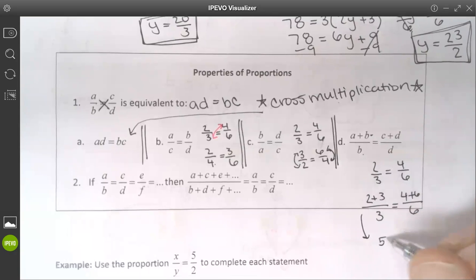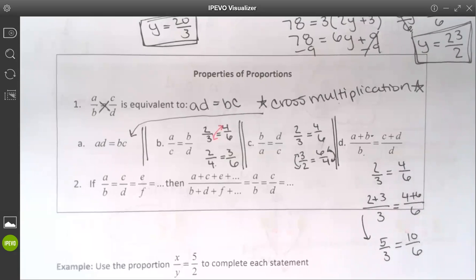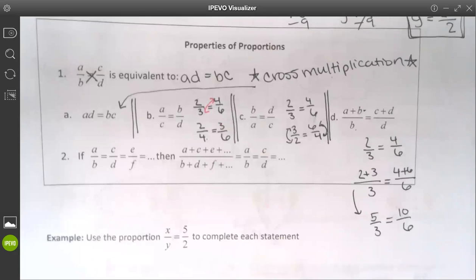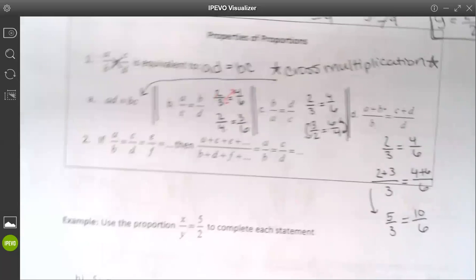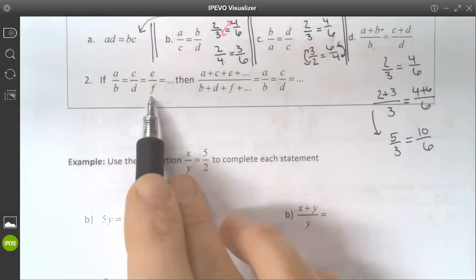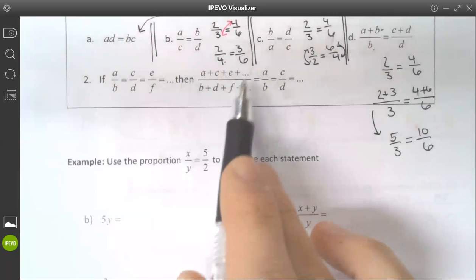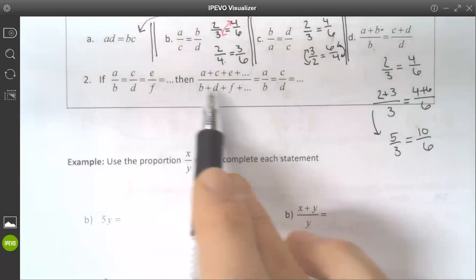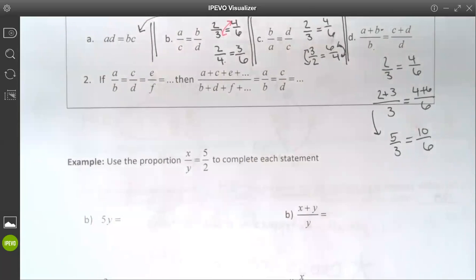That gives me 5/3 equals 10/6. It changes the proportion, but they're still equal to each other. Just a few other properties that we see. Or if I know that several proportions are equal to each other, then adding all those numerators over adding all those denominators would also be proportional to them. It'd be the same reduced fraction.